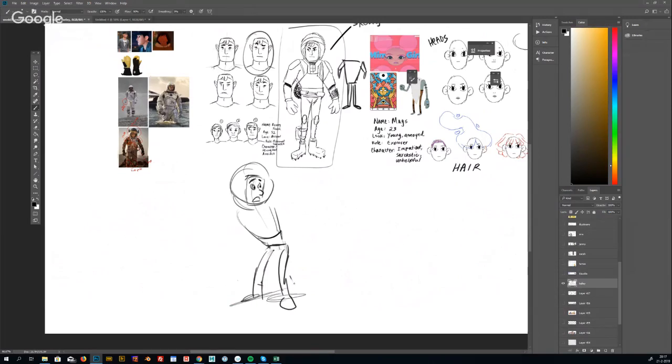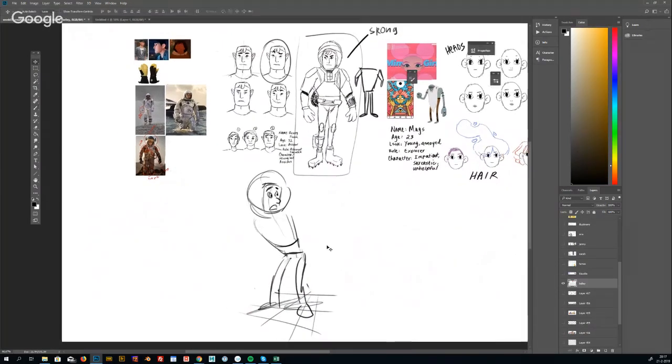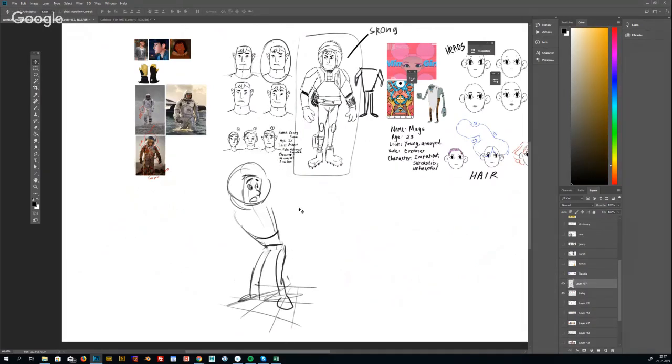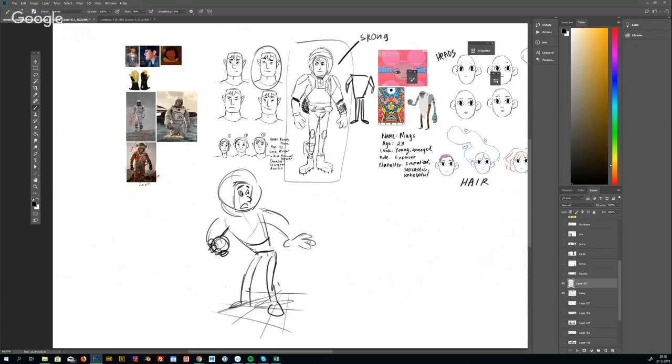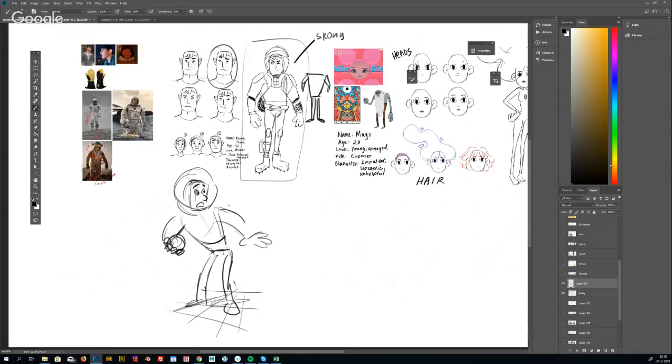Also think about the ground in perspective. So maybe he's holding this hand like this, and maybe he's holding a rock or something. And he's looking at his back.